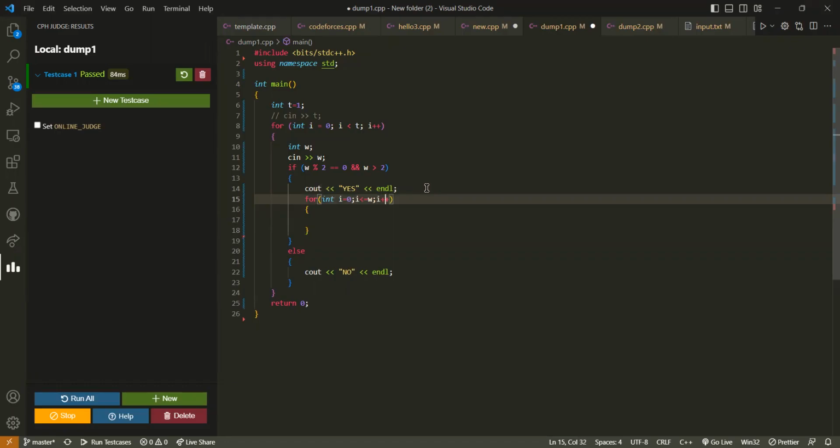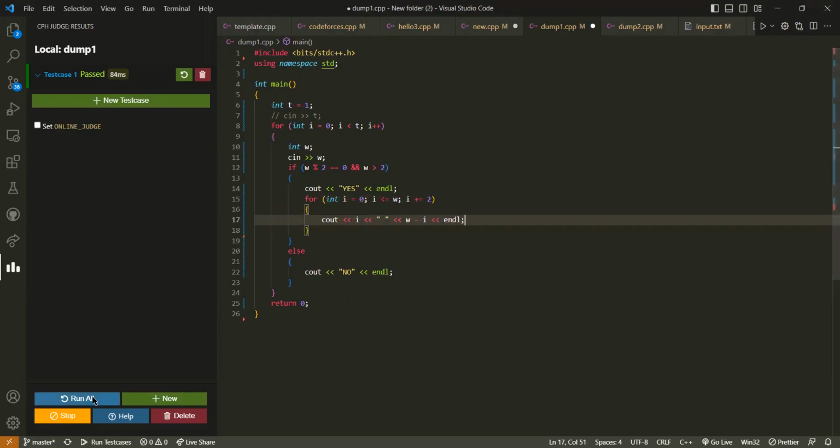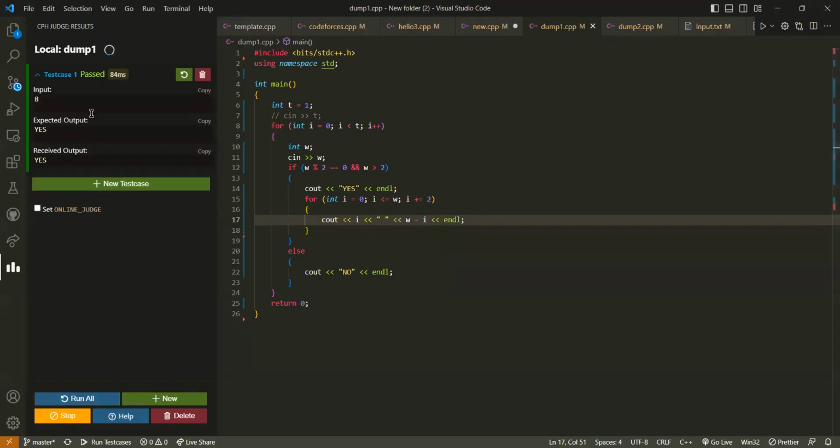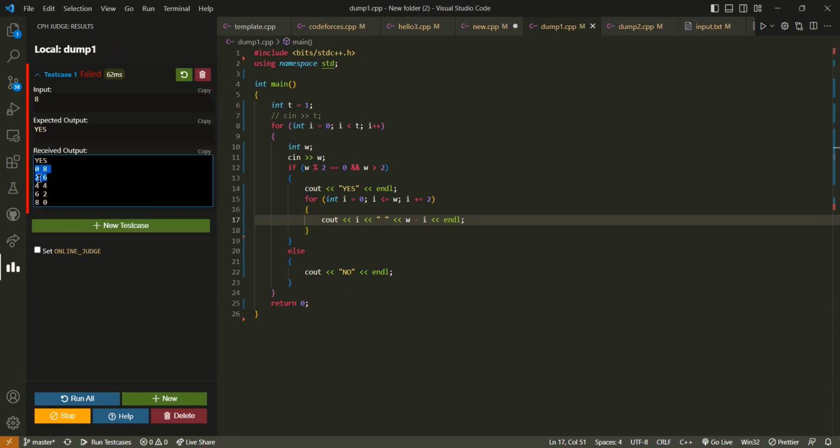I have to increase i by 2 and print i and W minus i. Okay, so our input is 8. We will get 0 8, 2 6, 4 4, 6 2, 8 0. Is this clear? Got it, sir.